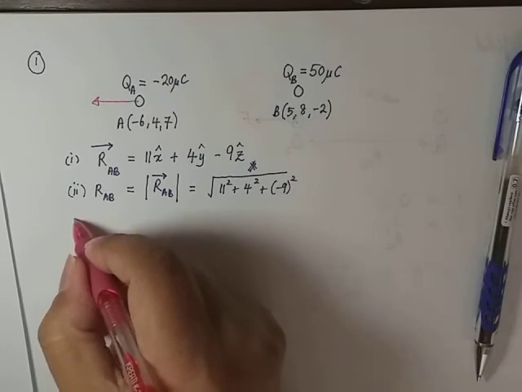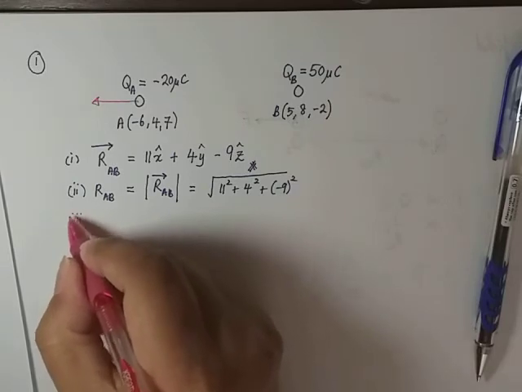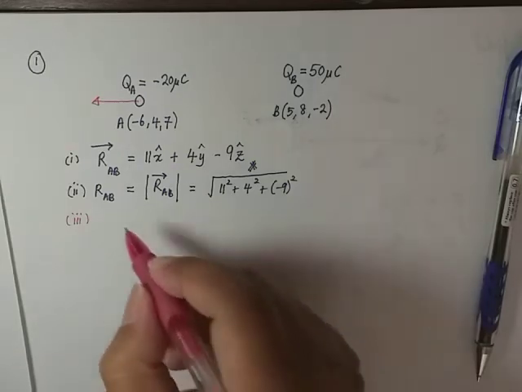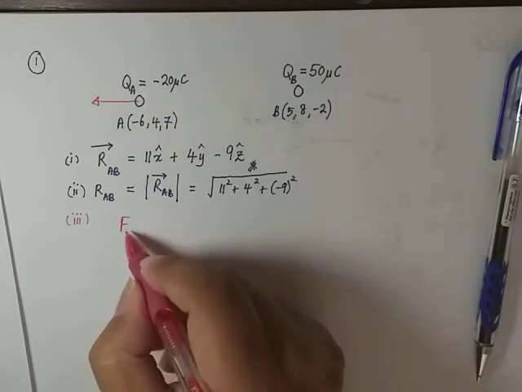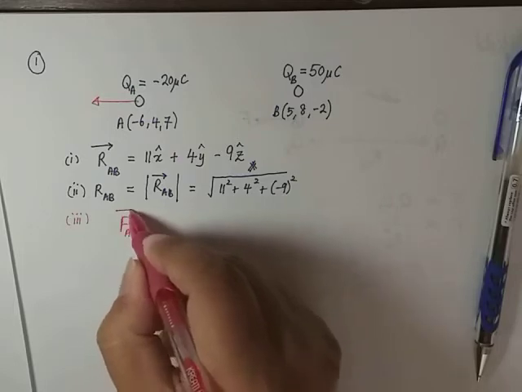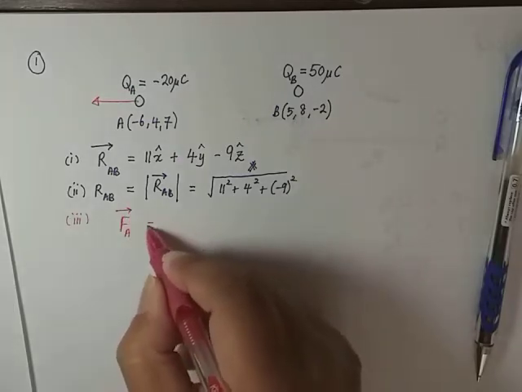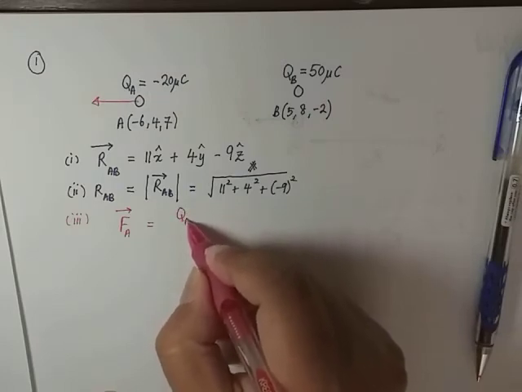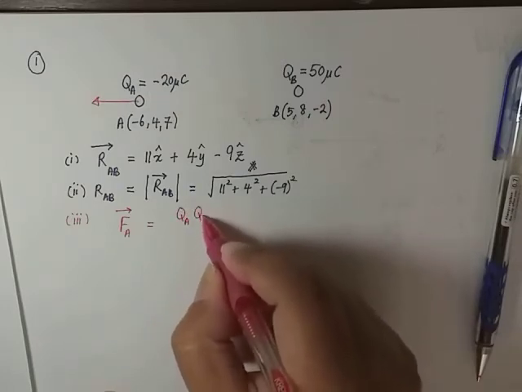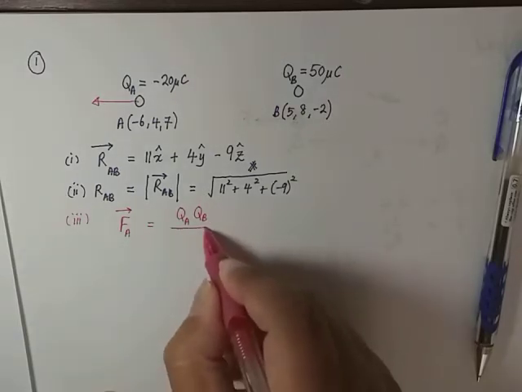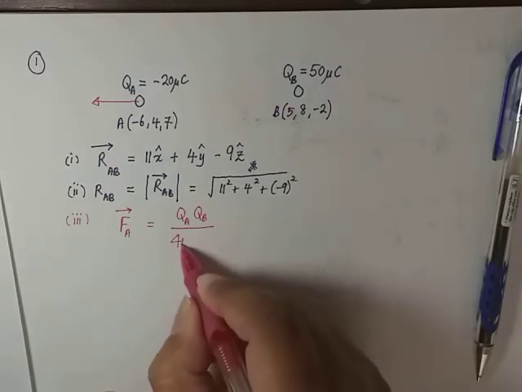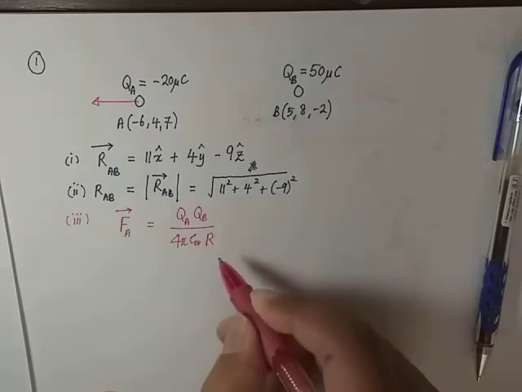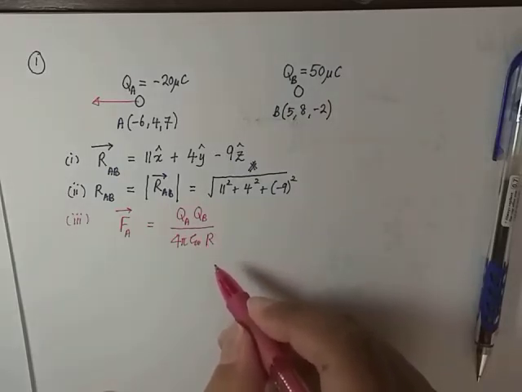Okay, number 3. What should be the force on A? I'm going to put F on A. It should be the magnitude QA QB divided by 4 pi epsilon naught R. I'm going to make it very consistent now.